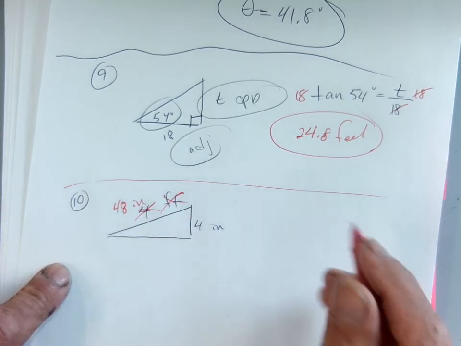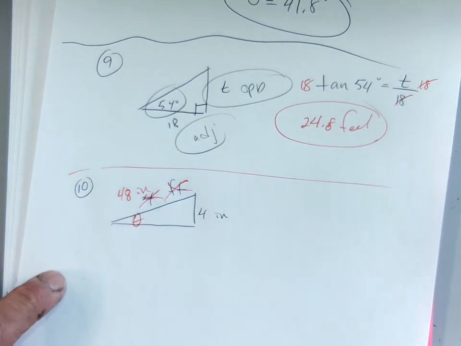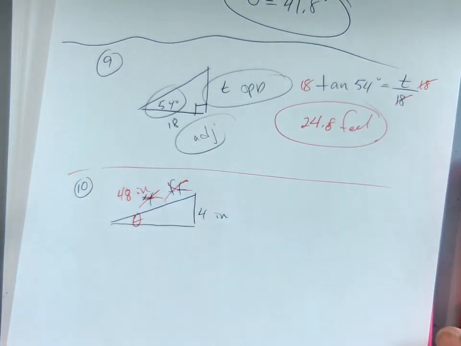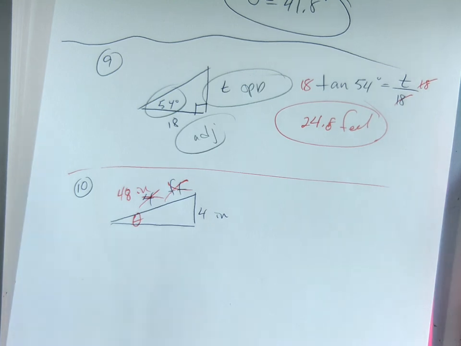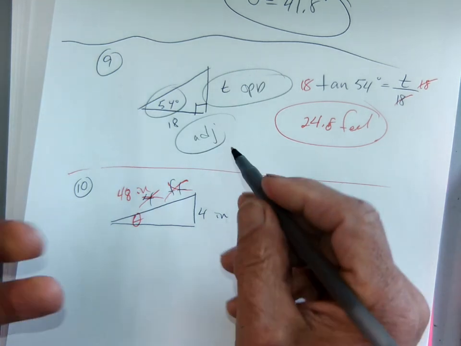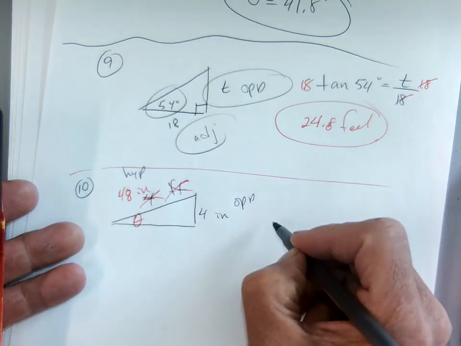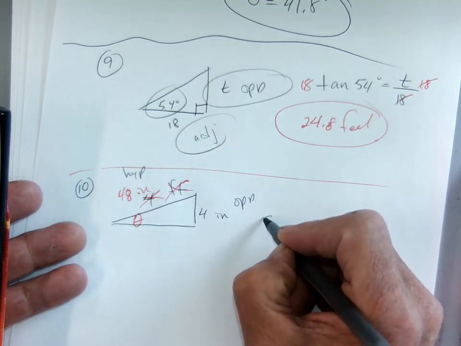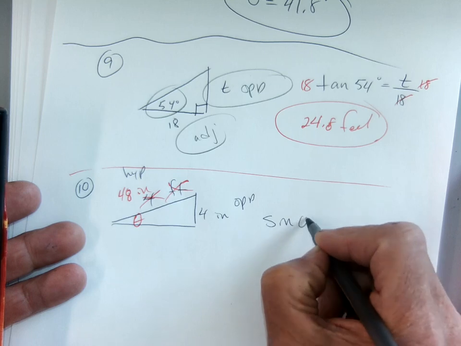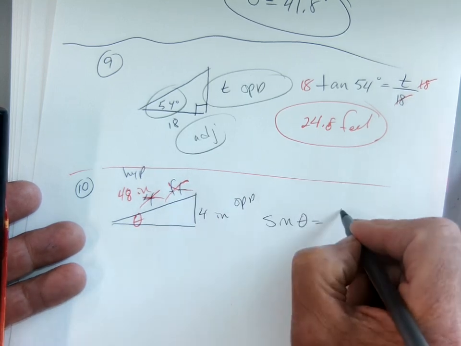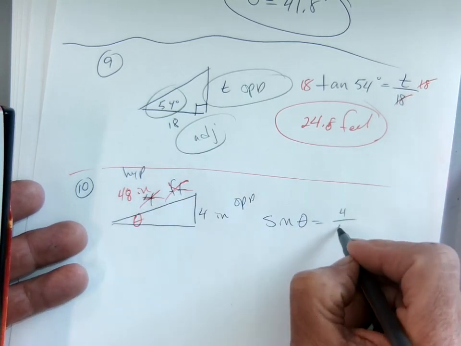Convert. Have to convert, right? Otherwise, you're totally going to have the wrong answer. So, all right. Opposite. Hypotenuse. I've got to go sine of theta equals my opposite over my hypotenuse.